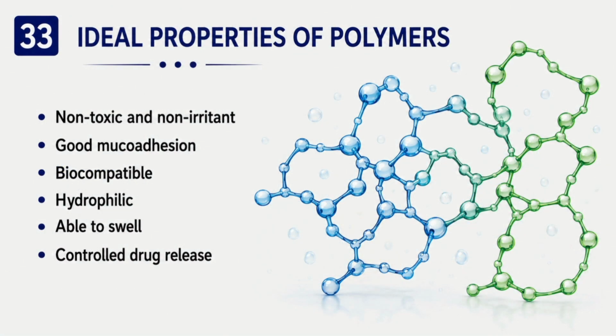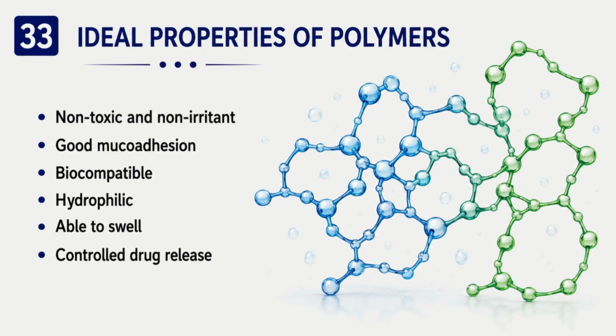Ideal properties of the polymers. What should an ideal mucoadhesive polymer possess? It should be non-toxic and non-irritant. It should demonstrate suitable mucoadhesion. It should be biocompatible. Hydrophilicity and swelling ability are often useful here. It should also support controlled drug release when required.